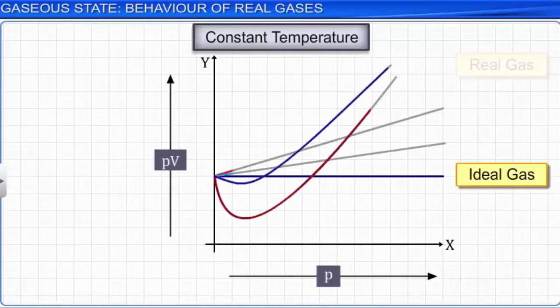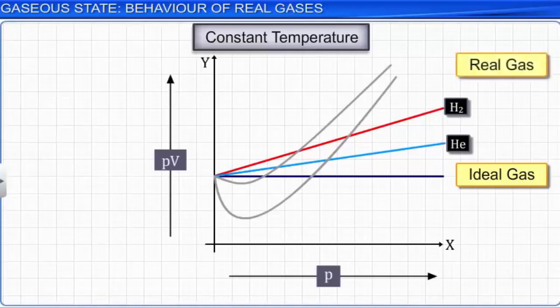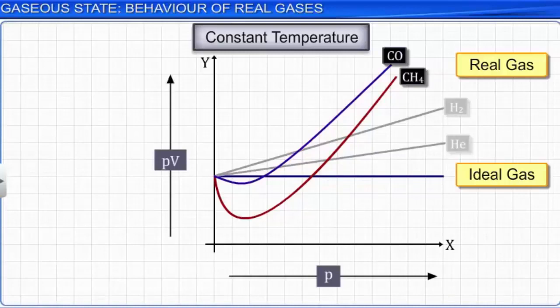The curves for hydrogen and helium, as shown, lie above the ideal gas curve, and these two gases show a continuous increase in PV with the increase in pressure. Whereas, for other gases such as carbon monoxide and methane, the PV value first decreases with the increase in pressure and reaches a minimum.